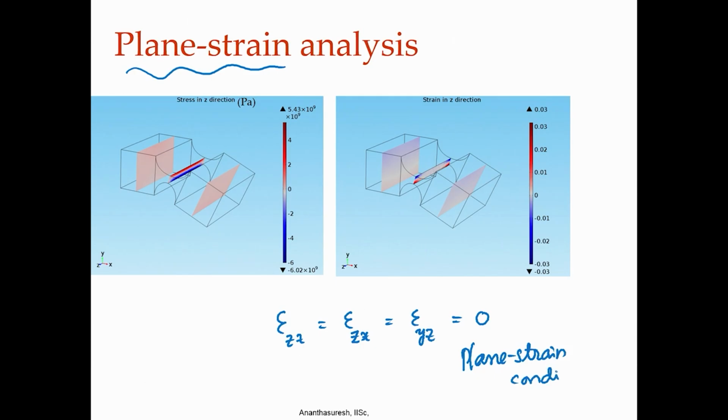It is an approximation of a 3-dimensional thing with a 2D problem. So, sometimes we are tempted to use this 2D analysis. Here if you were to do plane strain analysis, if you have a compliant mechanism that is very long, like usually plane strain elements are used for pipes, where along the axial direction of a pipe you do not have much change in the strain because it is so long, because this condition is valid.